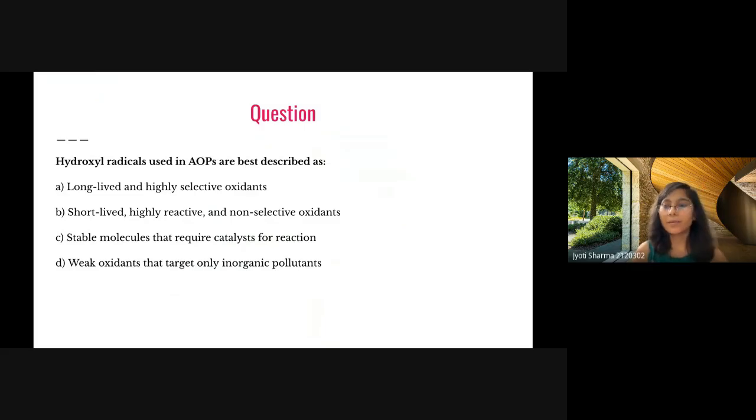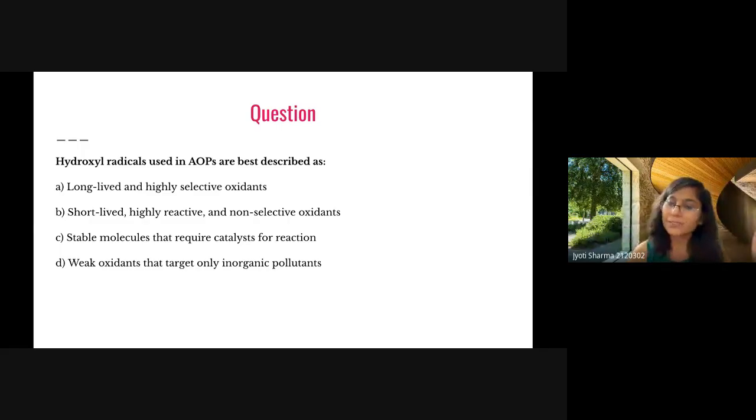Okay, so based on that figure, you can tell: hydroxyl radicals used in AOP are best described as long-lived and highly selective, short-lived, highly reactive and non-selective oxidant, stable molecule that requires catalyst for the reaction, or weak oxidant that targets only inorganic pollutant.